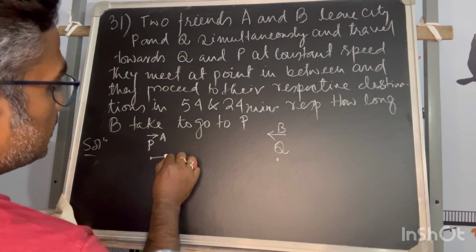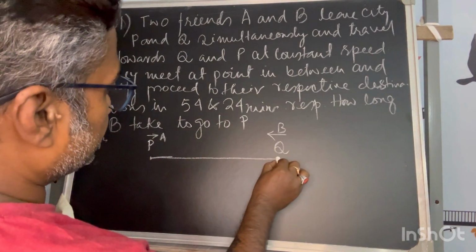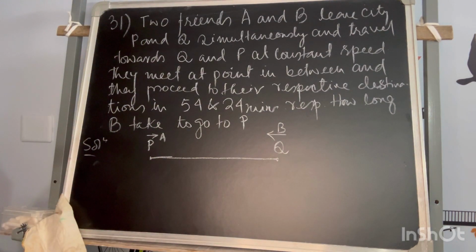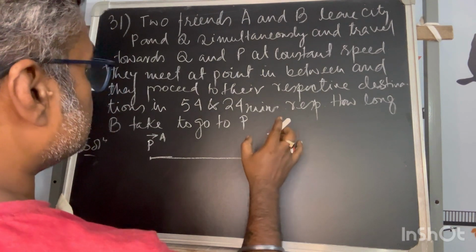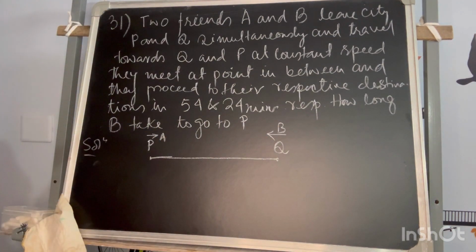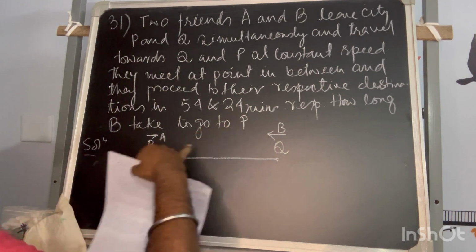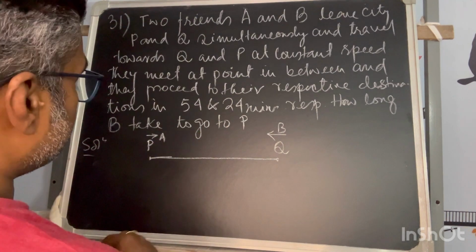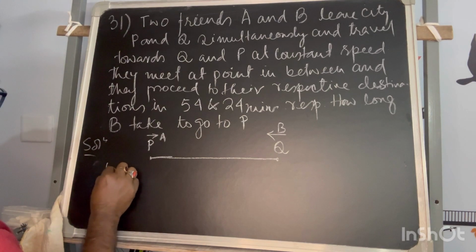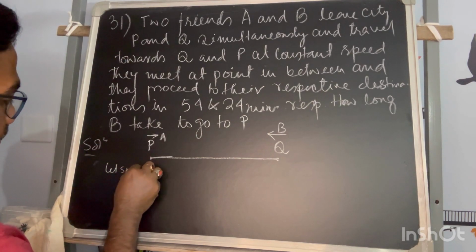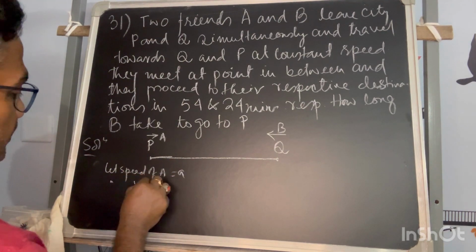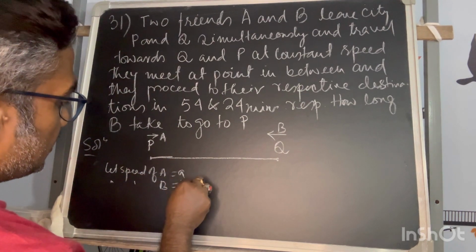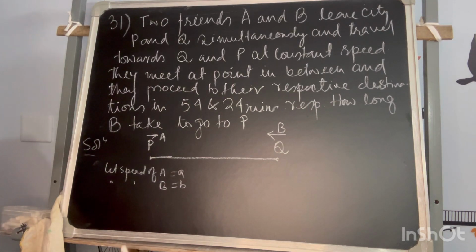That means they have started at the same time, towards the other destination, means A will reach B's initial position, B will reach A's initial position, and travel towards Q and P. That means A is moving to Q, B is moving to P, at constant speed. So let the speed of A be A, and the speed of B be B. I'm keeping it simple so that it will be easy to recognize.